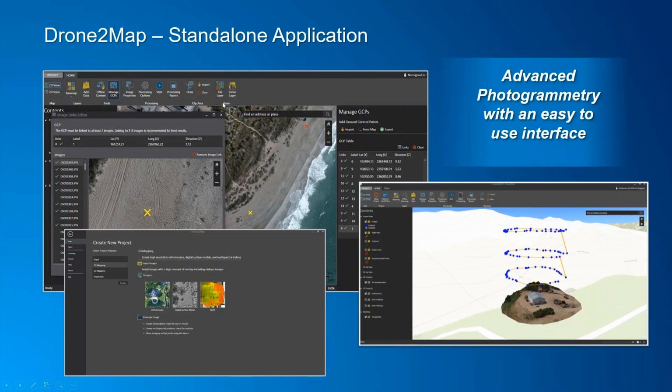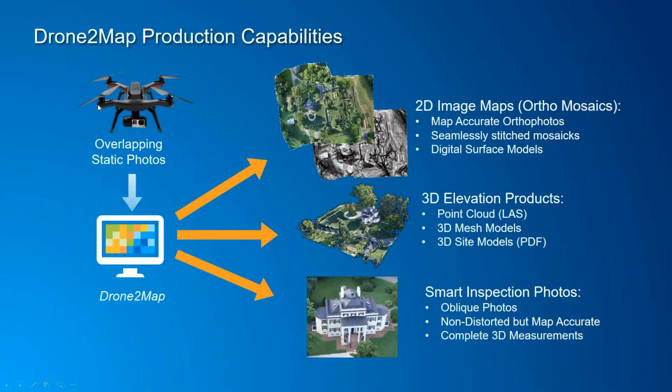It's really designed with a nice, simple interface in mind, and with one idea: to take your raw photos that are coming off your drone, feed them into the product, and then generate the different GIS-ready products that Kurt talked about. You can see those include the 2D map images, the 3D elevation products, and then finally those smart inspection photos.